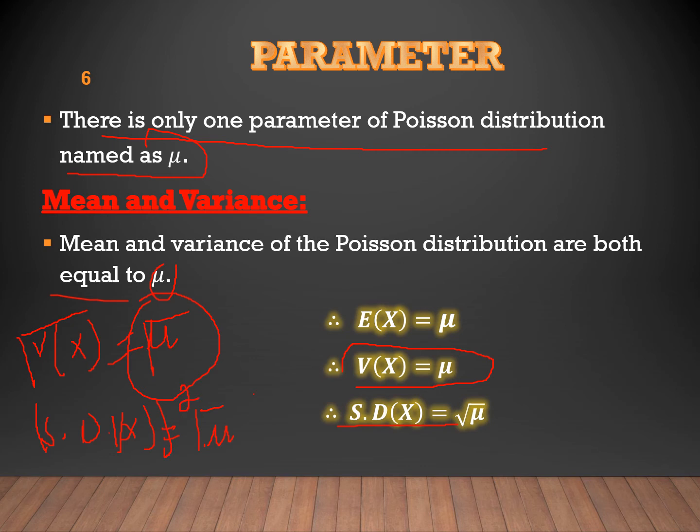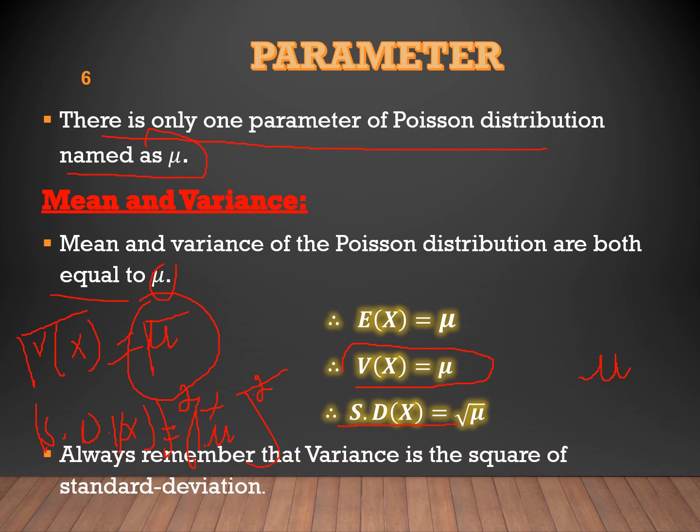We apply the square on both sides. The square is cancelled out from the square root. Then we get just mu. Always remember that variance is the square of standard deviation, and standard deviation is the square root of the variance.